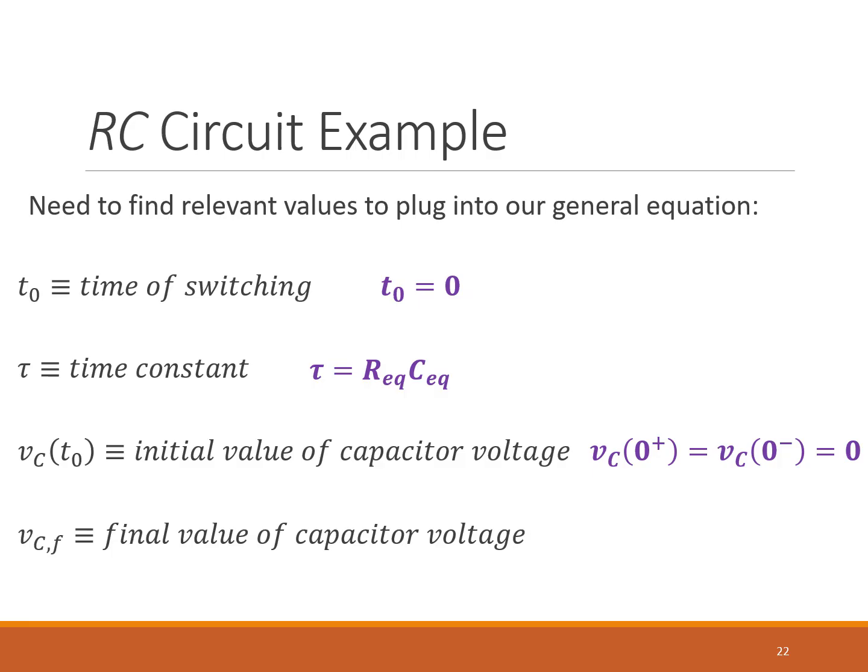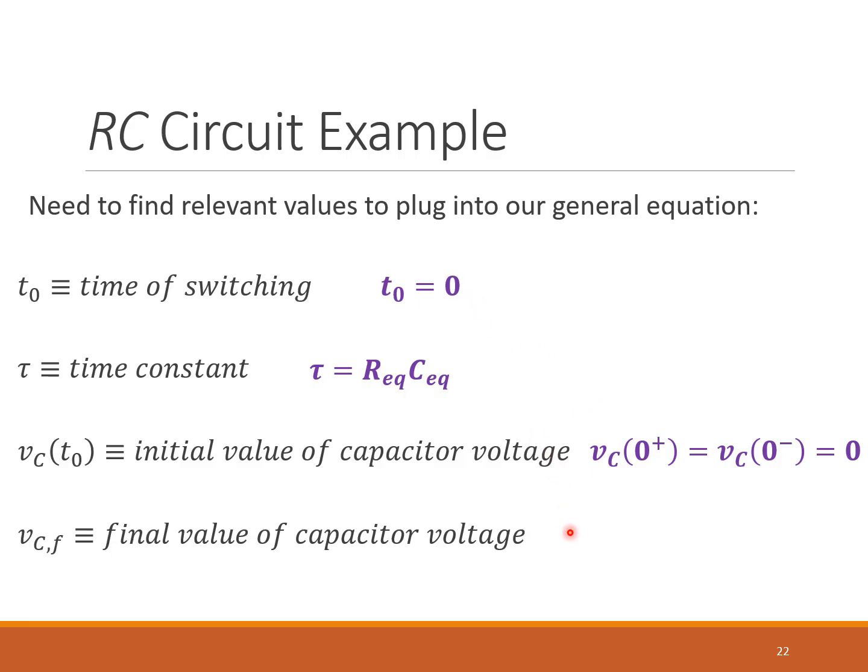What we had just talked about on the previous slide is, because that switch has been open for a really long time, we know that the voltage immediately before switching, at 0 minus, is equal to 0. Remember, technically for the equation, we want the 0 plus value, the value right after switching. But again, we know that our capacitor voltage is continuous.